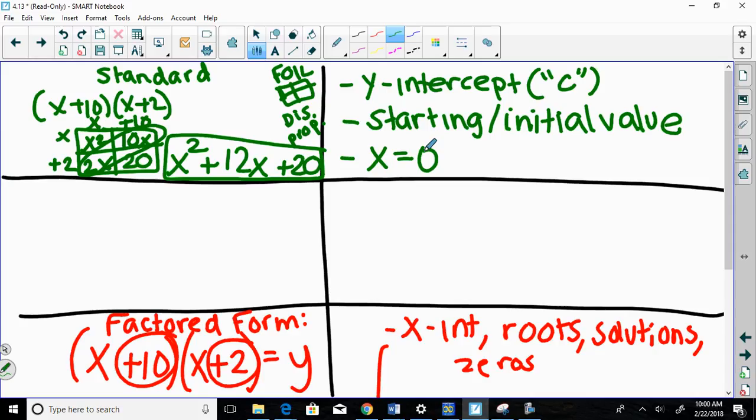So those are the reasons why we wouldn't need to change it around. If they're looking for the y-intercept, it's standard. Or if I'm throwing this to Jabari, my starting height that I started by throwing the pen, that would be my y-intercept. So your starting or your initial value.